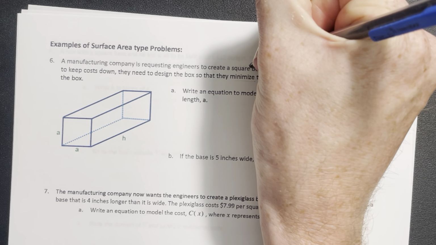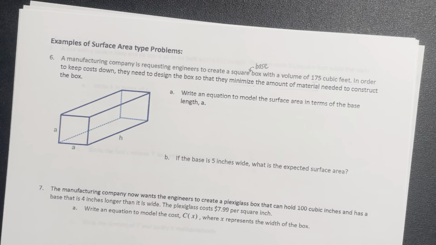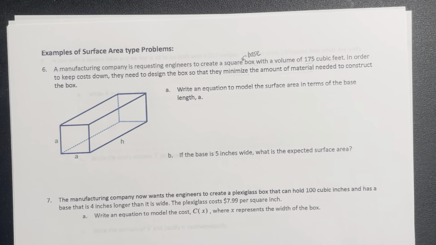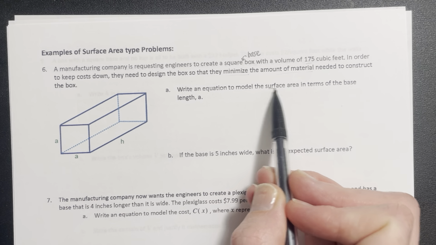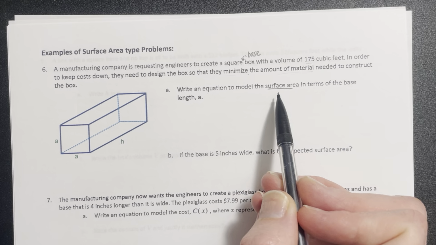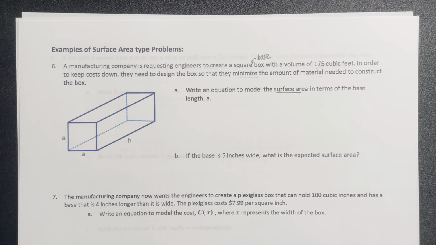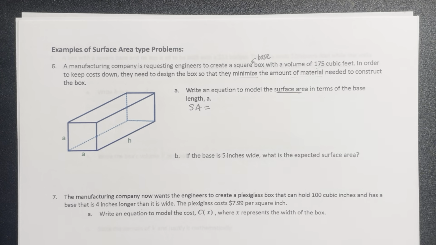And so I should say this is a square base box because we don't actually know what the height of that is. So with this, I gave you a picture, but we want to create a model for the surface area. We have a surface area formula that you could memorize, though honestly we just need to know how do we get the area of each surface.